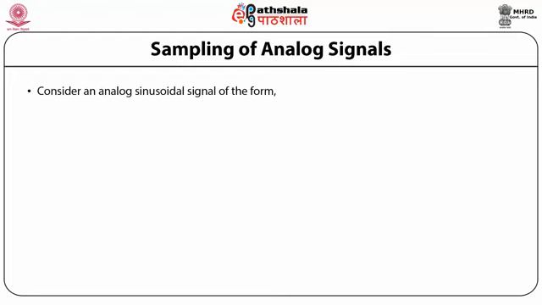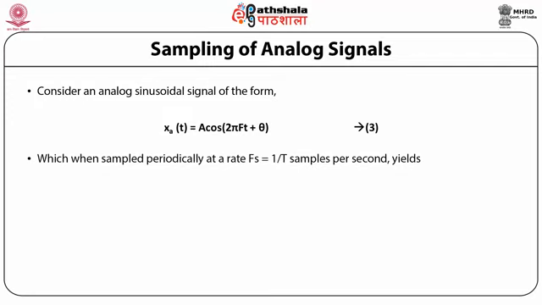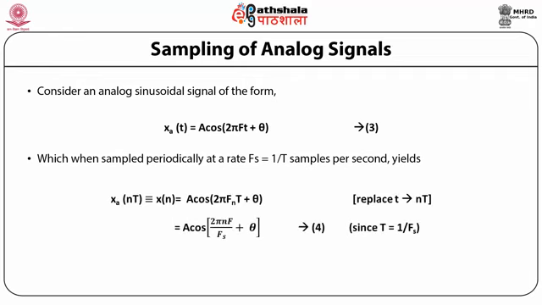Consider an analog sinusoidal signal of the form xa(t) equal to A cos(2 pi F t plus theta), which when sampled periodically at a rate Fs equal to 1 by T samples per second, yields xa(nT) equivalent to x(n) equal to A cos(2 pi F nT plus theta), where we replaced small t by n multiplied by capital T. This is equal to A cos(2 pi n F by Fs plus theta).